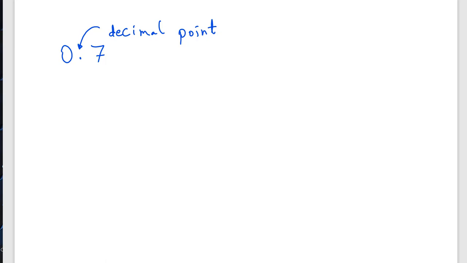We mean that we have 7 parts out of 10 parts in all. So it's like 7 tenths. Okay, so this is 7 tenths in decimal form, and this is 7 tenths as a fraction.